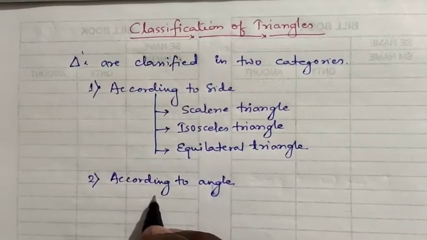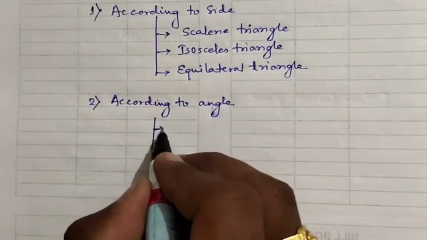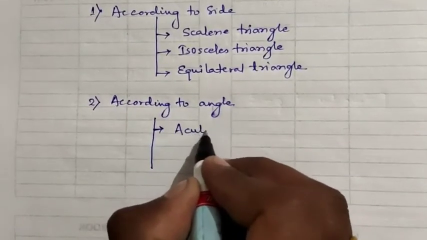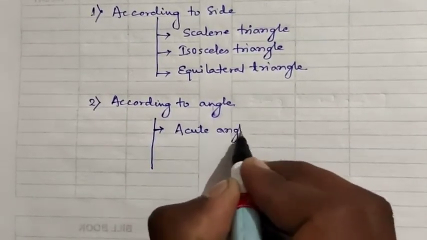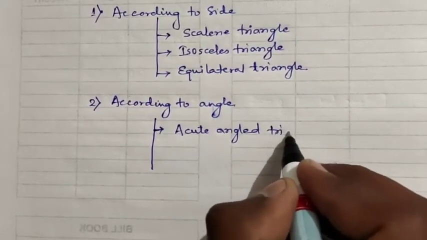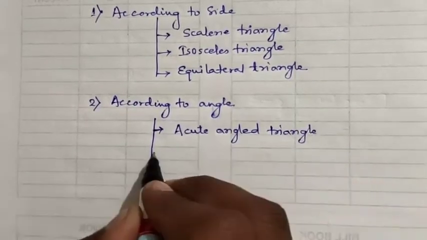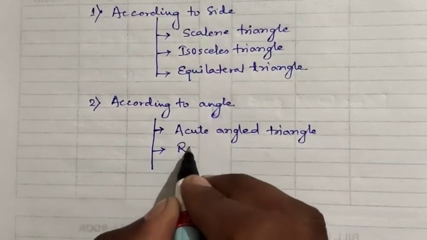Now according to angle, again there are three types of triangle. The first type is acute angle triangle. The second one is right angle triangle.